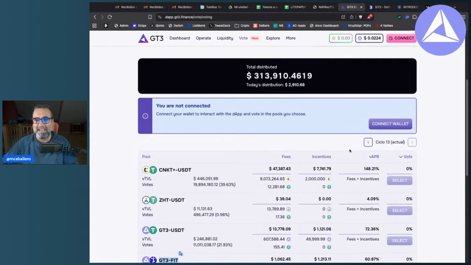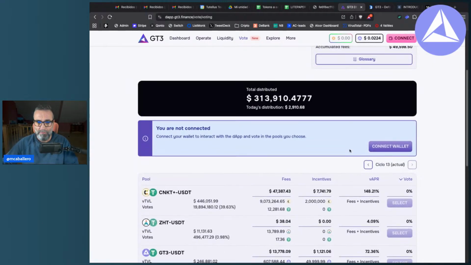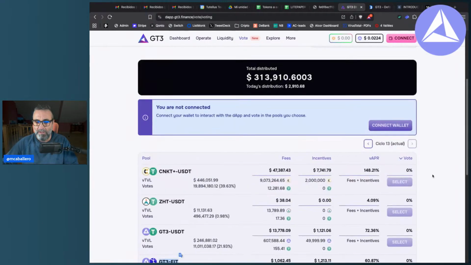So you as a locker, if you vote for any of these pools, you start to receive fees plus incentives. The fees are generated inside the pool, because of any kind of swap. Any moment you make a swap, you generate a fee of 0.30% that goes to a vault that afterwards will be shared between the lockers.